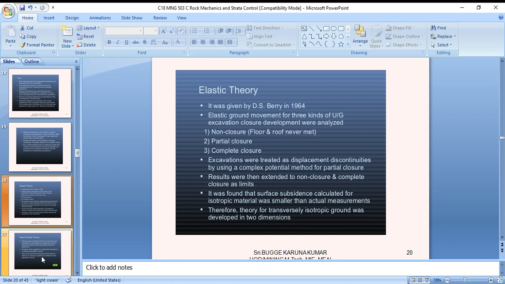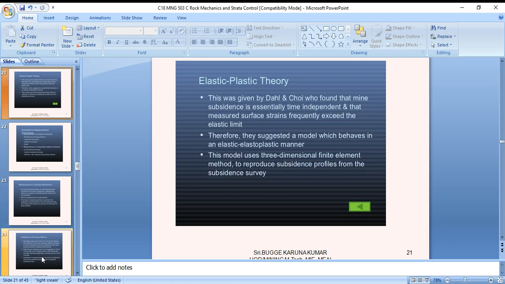It was found that surface subsidence calculated for isotropic material was smaller than the actual measurements. Therefore, a theory for transformation to isotropic ground was developed in two dimensions. This is the elastic theory. So, the elastic plastic theory is also there.